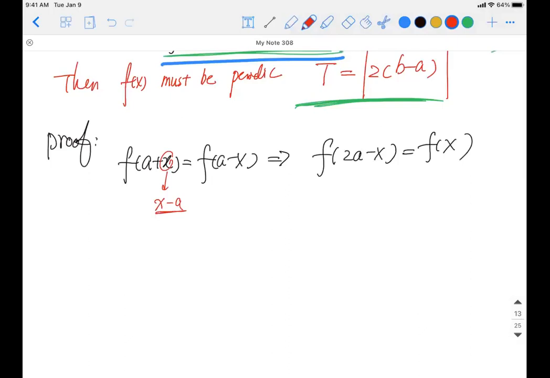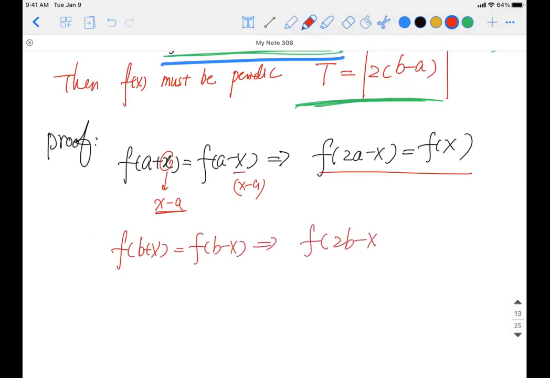I plug in x minus a, then automatically you have f(2a−x) equals f(x). Same thing: f(b+x) equals f(b−x). I can do exactly the same thing: f(2b−x) equals f(x).